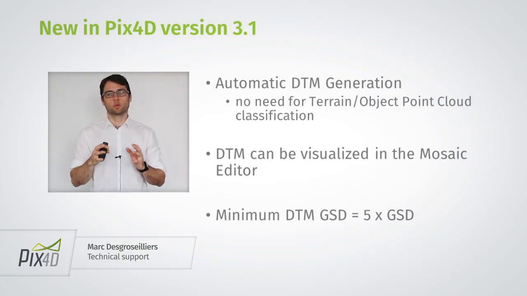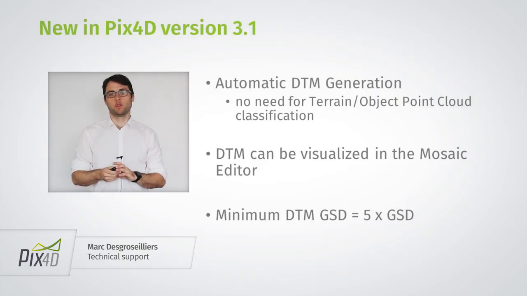But don't worry, we're working on it and it's going to be reintroduced in future versions. One quick note about DTM generation is that in our tests we've seen that you get better results if the DTM resolution is set to be at least 5 times the GSD of the project.